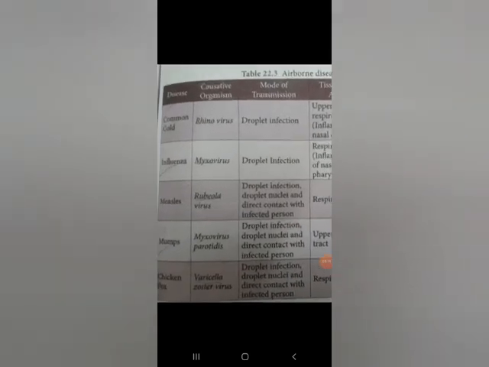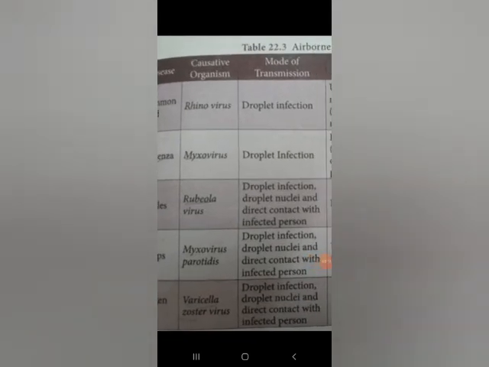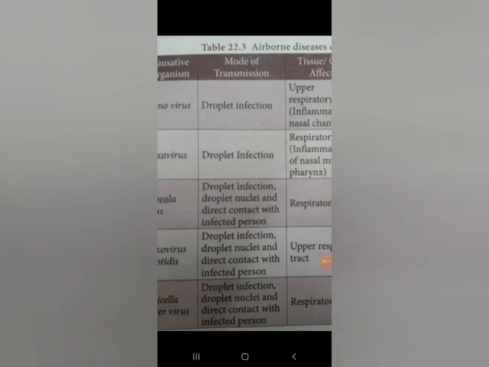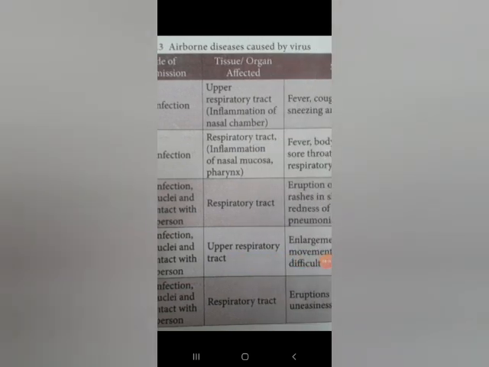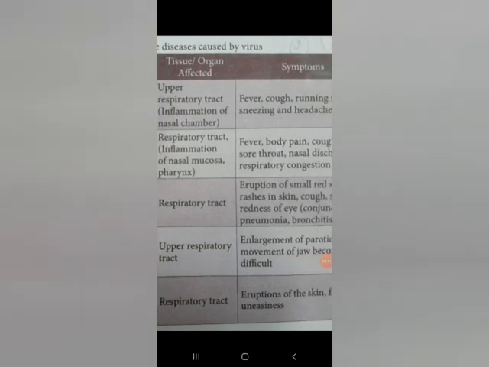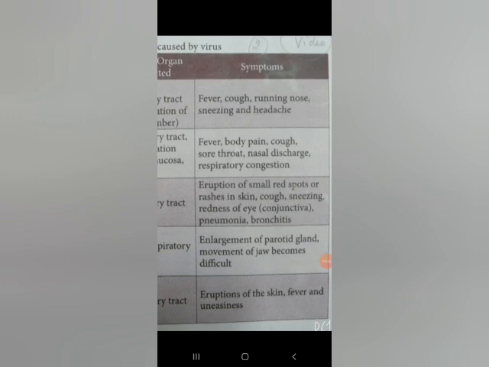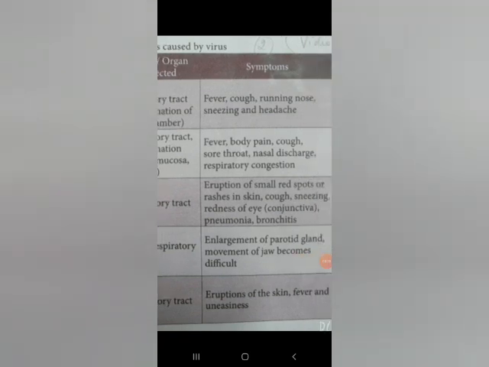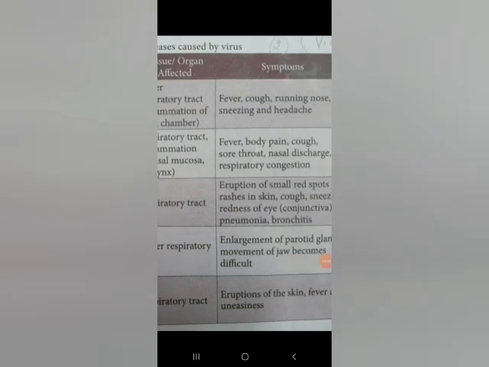Airborne disease caused by virus. Disease: common cold. Causative organism: rhinovirus. Mode of transmission: droplet infection. Organ affected: respiratory tract. Symptoms: fever, cough, running nose, sneezing, headache.